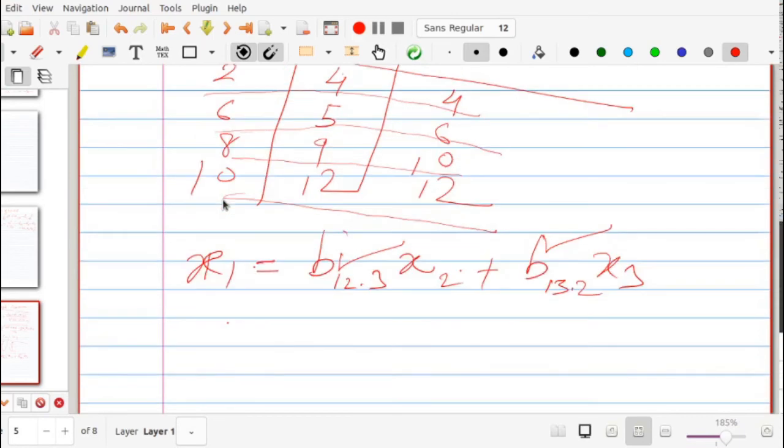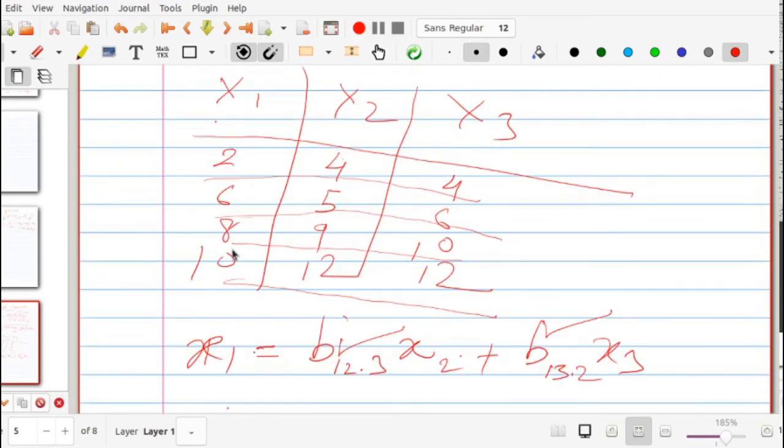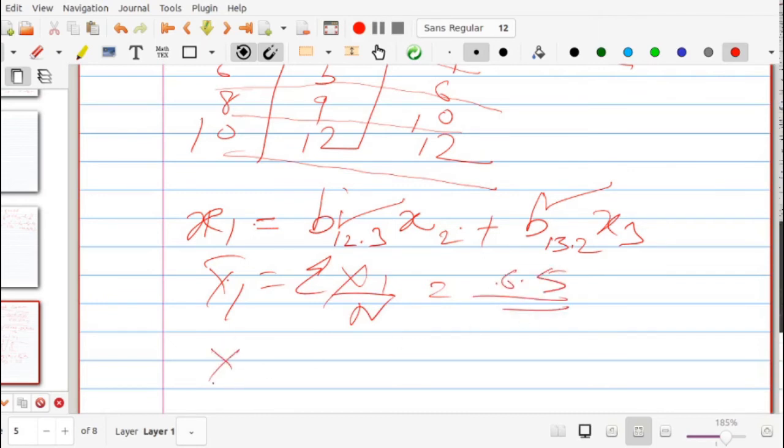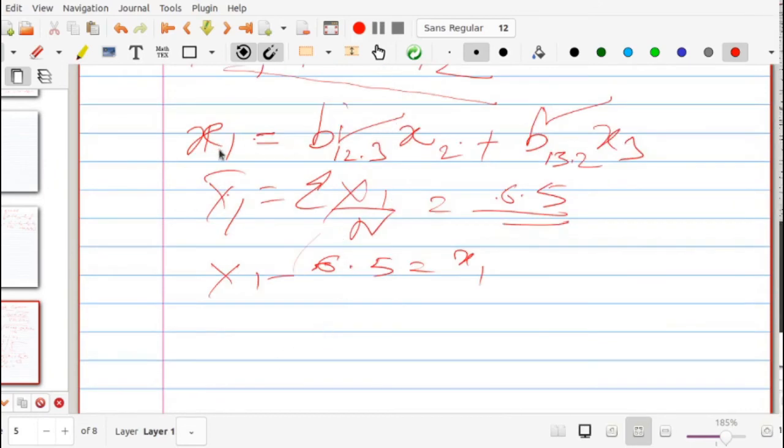For these kind of observations, how do we find x1? X1 is, I told you, the difference from the mean. So first find out the mean, which is equal to summation of x1 by n. In the first case, the mean will be 6.5, right? So x1 minus 6.5 will be our x1.